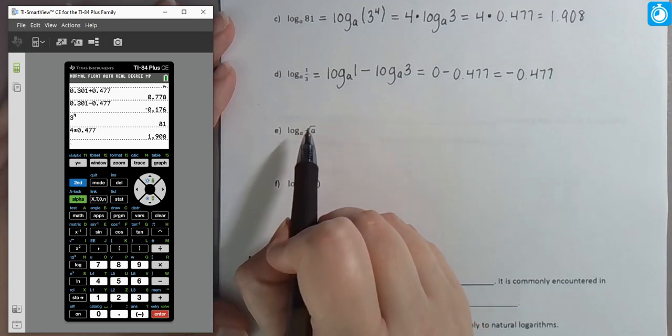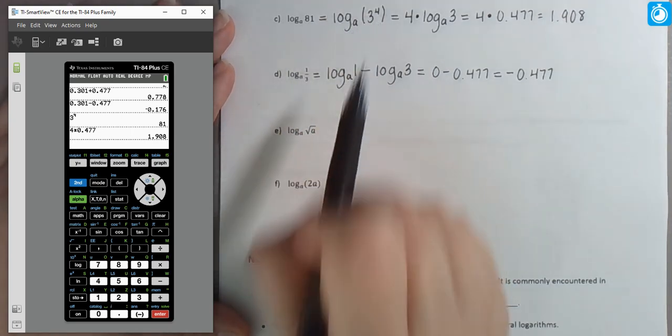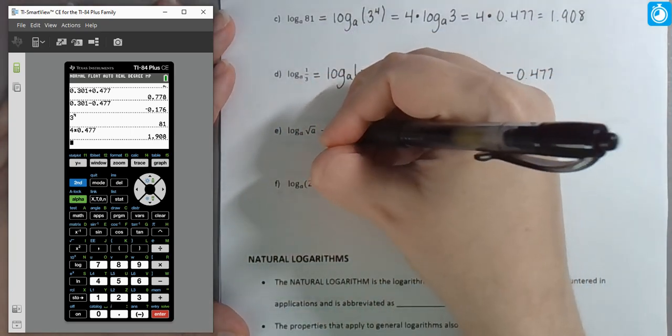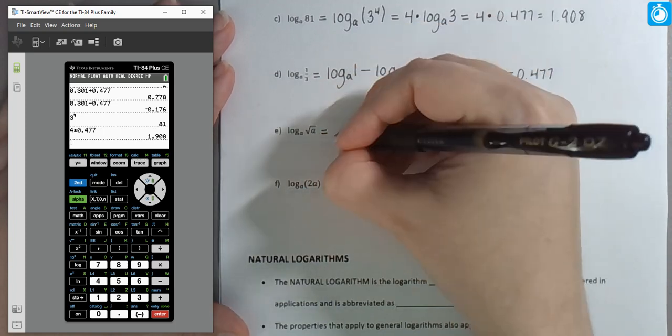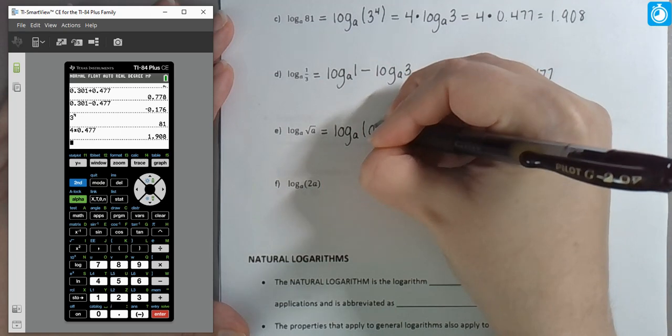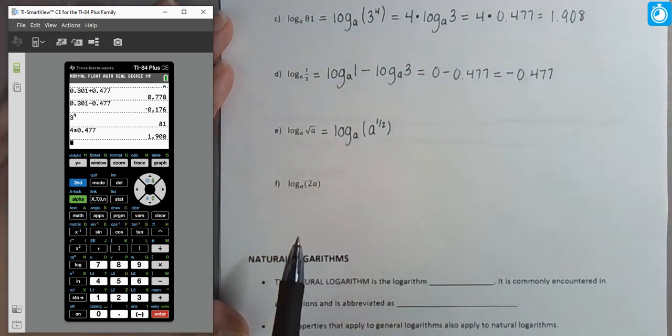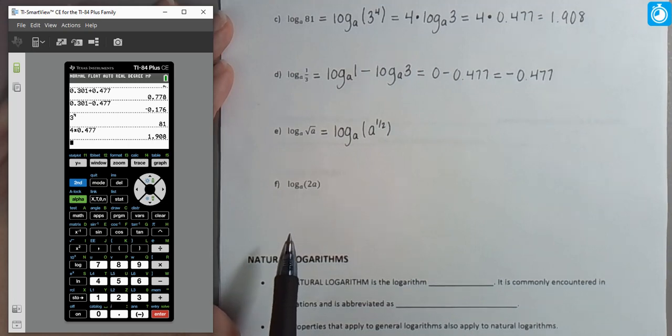A square root is the same thing as an exponent of 1/2. So this is the same thing as log base A of A to the 1/2.